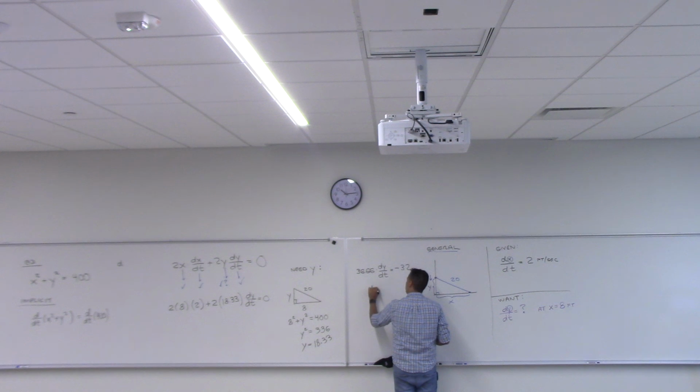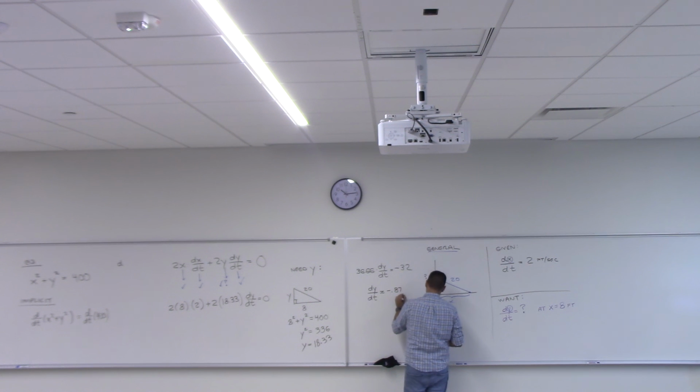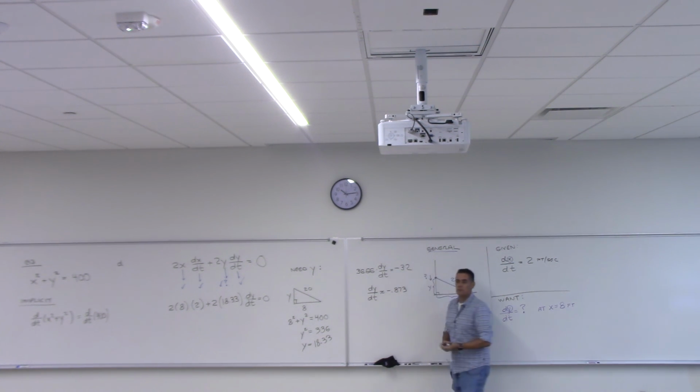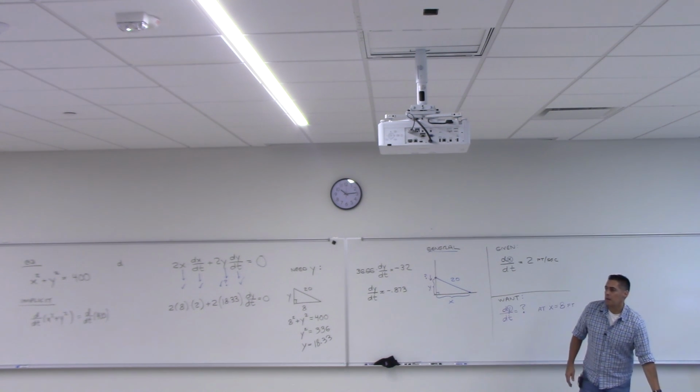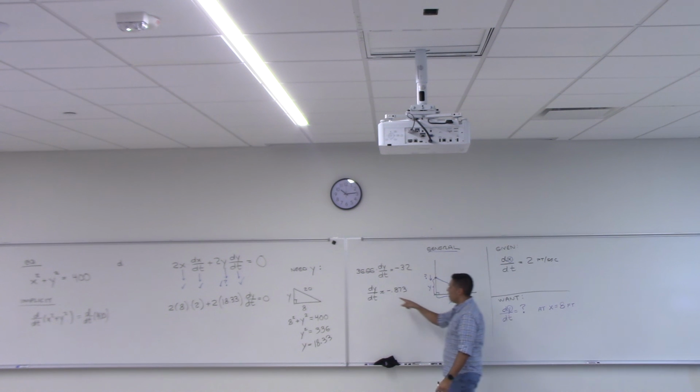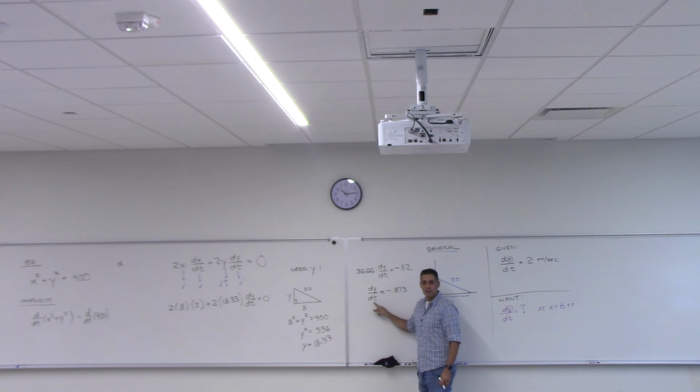Y'all getting that? Negative, approximately negative 0.873, let's say. Yes? Now, this is the rate at which y is changing with respect to time. So this is a derivative, right? This is a speed. So I need the units on this.